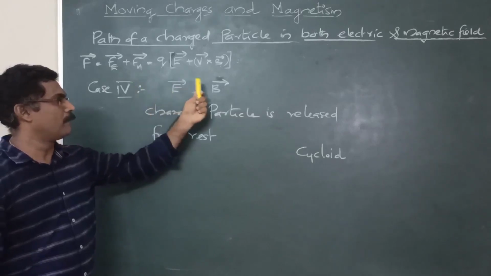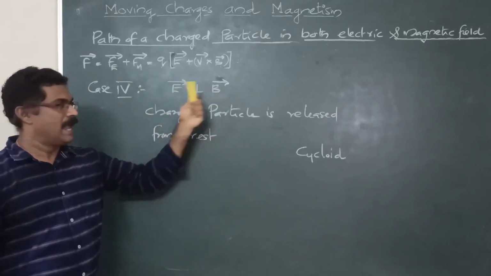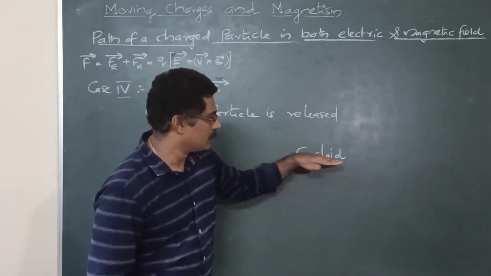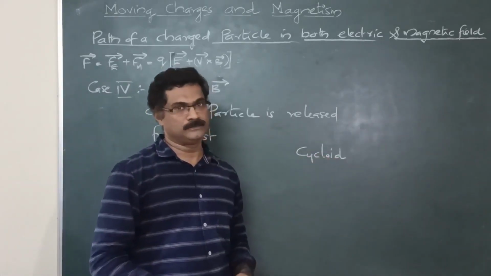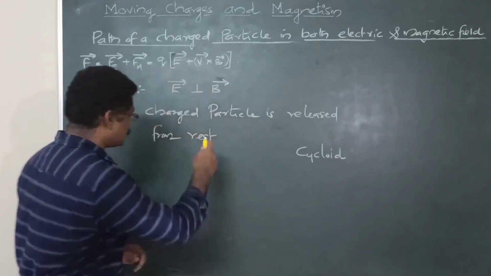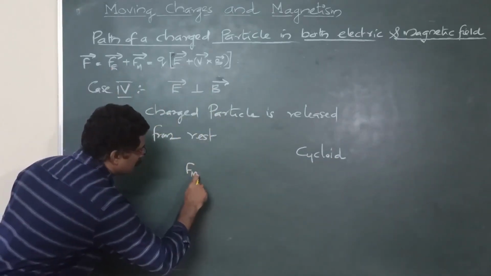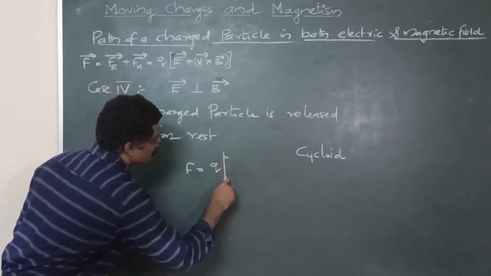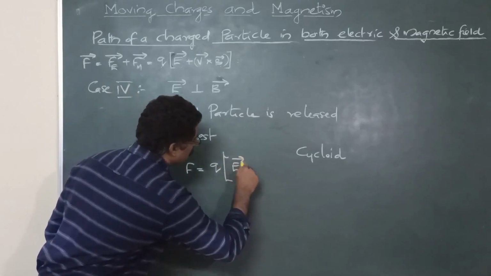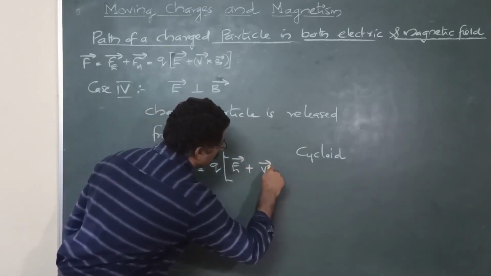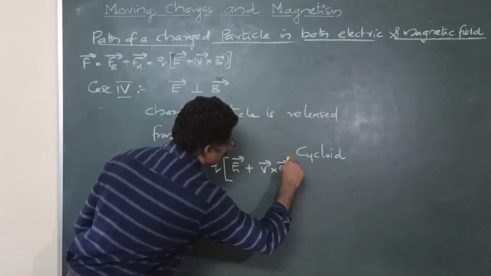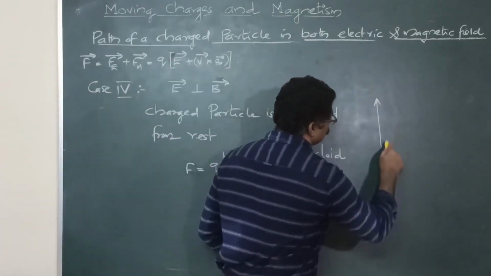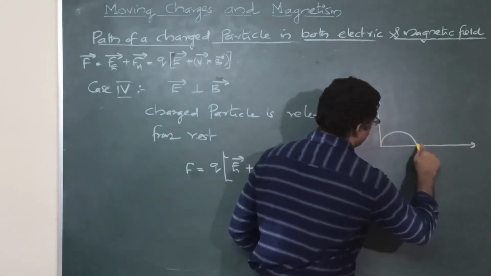When the electric field and magnetic field are perpendicular and the charged particle is released from rest, then it will describe a cycloid path. You got it? And what is the net force acting here? The net force acting here is equal to Q into (vector E plus V cross B). This is the equation. Like this, you will get this type of path.